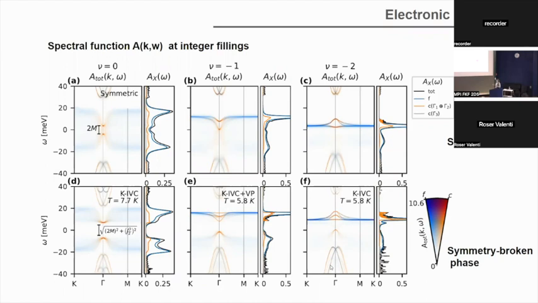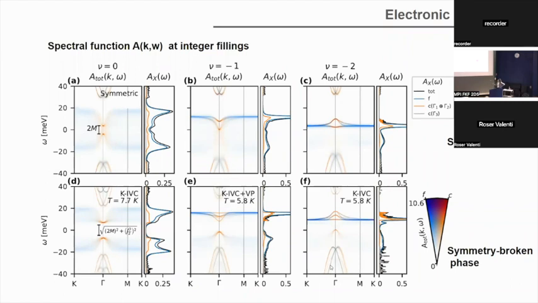And there is a lot of discussion about different types of symmetry breaking in the system. Here, what we considered for these calculations is the Kramers intervalley coherent state, just to show what is happening with the system when one goes from high temperature to low temperature.